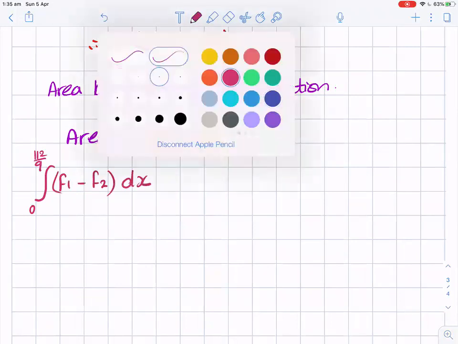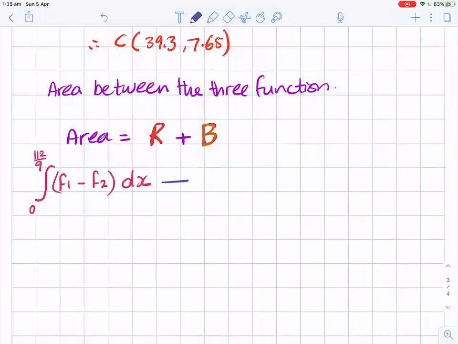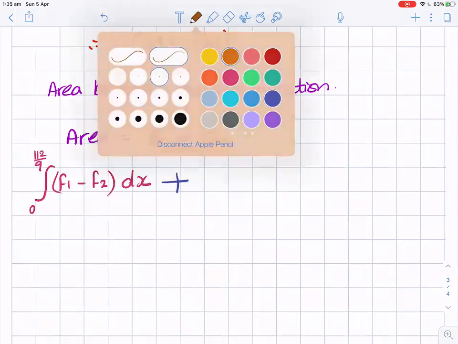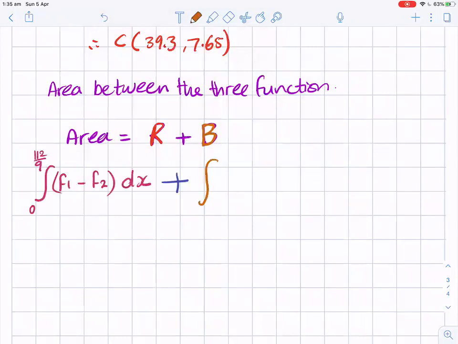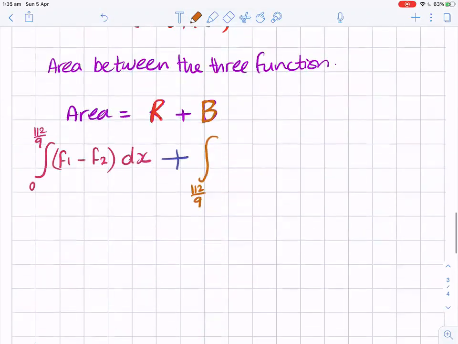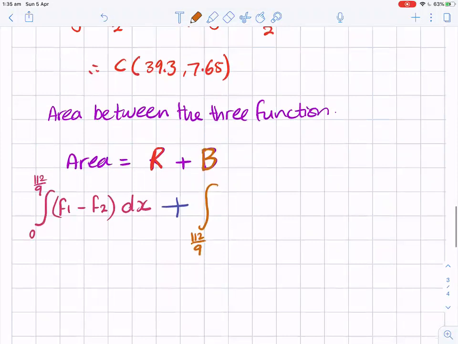Okay, and then plus the brown area is the integration from 112 over 9 up to what we said, 39.3, for f1 minus f3 dx.